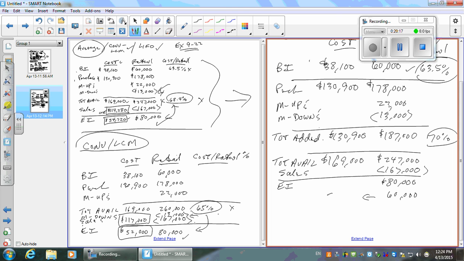Which is worth, by the way, 38,100, right, guys? Their cost, 38. There's your beginning inventory, okay? So what do we have left then over here? 20,000 for the new layer, right? Times what? 70%, which is how much?